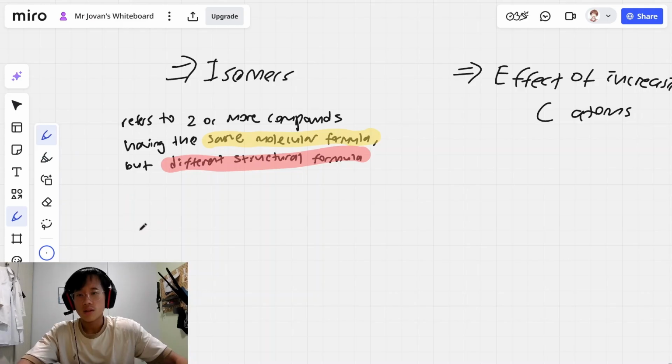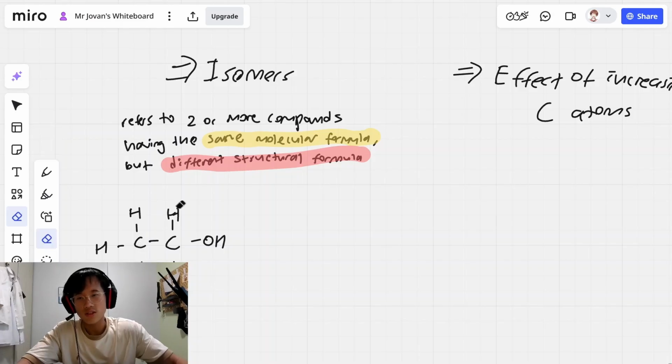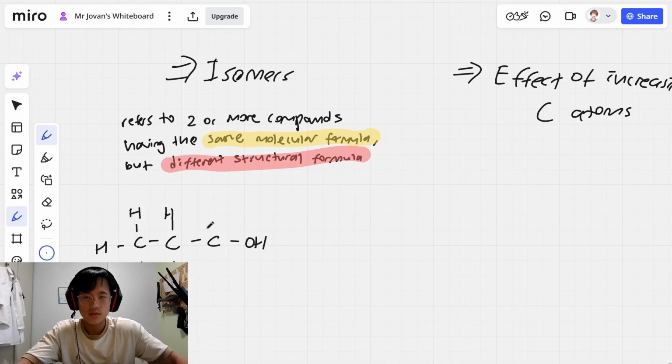Let's practice with an example. I'm going to use my favorite alcohol, which is ethanol. If you recall, this is how ethanol looks like. You better know by now, because you guys are very smart students. Sorry, this is a horrible example. Let me change it. Let's use propanol.